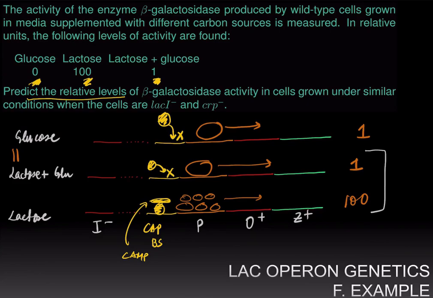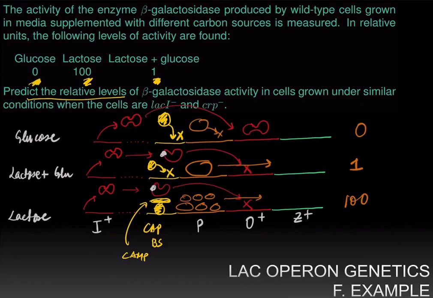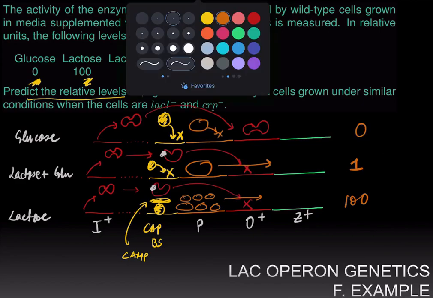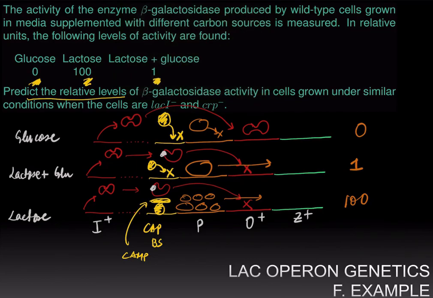Next, let's look at the other mutant and what will happen in CRP-. But first, let's go back to the picture for wild type. Now, CRP is made by a different gene called CRP, and the wild type allele will be CRP plus.